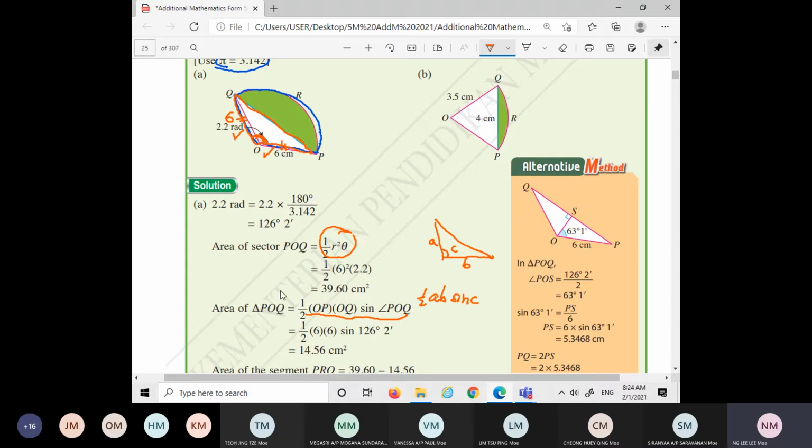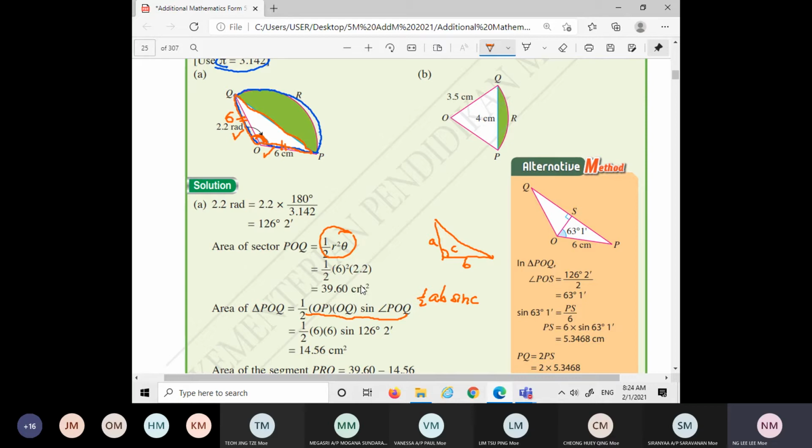So you have half times 6 times 6 and then times sine of this angle, 2.2 radian, changed to degree: 126 degree 2 minutes. Then you press calculator to get the answer, without changing the calculator mode into radian. I didn't do any changes of the mode of the calculator, just the normal mode.